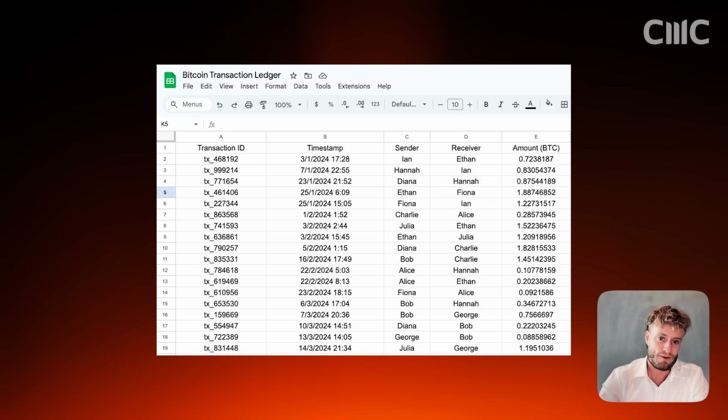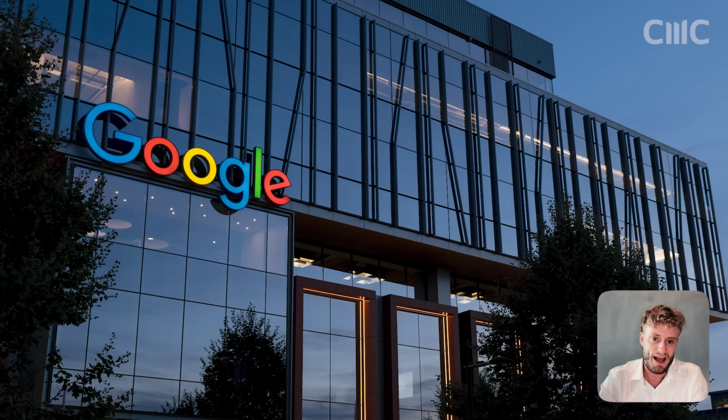But there is a key difference, of course, and that is that a Google Sheet is stored and controlled by a central company. Bitcoin isn't, and removes that trusted third party. It's truly decentralized, which means that the software isn't hosted in one place or run by one company. It's distributed across thousands of computers worldwide.